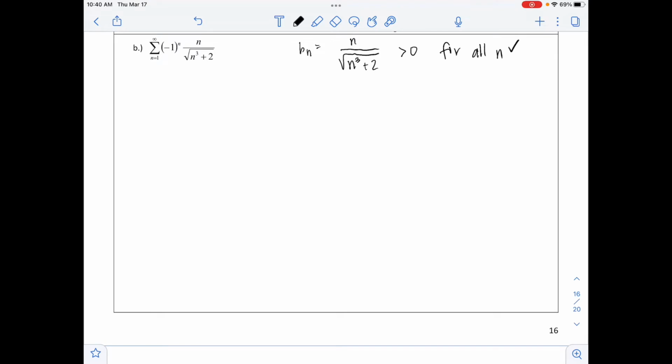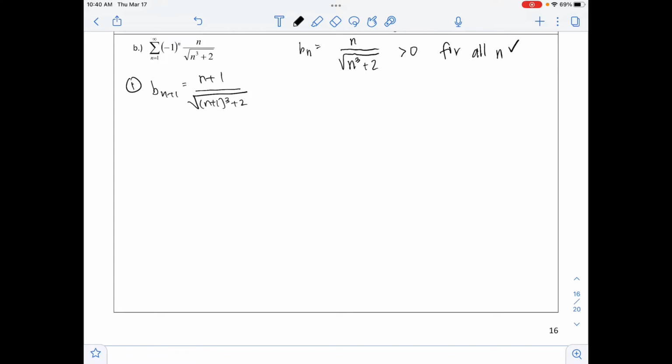And then number 1, we have to check to see that it is decreasing. And so we know that b sub n plus 1 is equal to n plus 1 over the square root of n plus 1 cubed plus 2. And it's difficult to conclude that it's decreasing.